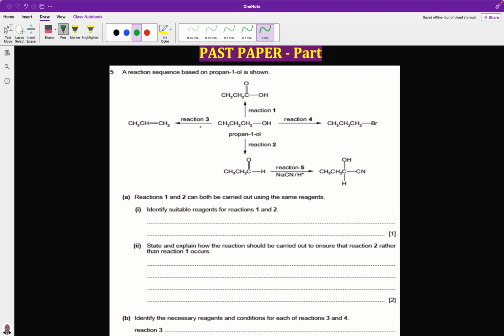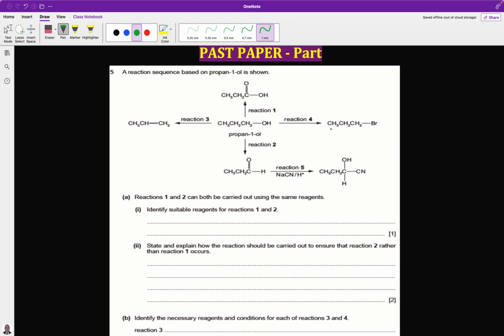Propan-1-ol in reaction 3 gave us what we call an alkene. It has undergone hydration, I mean a dehydration, sorry. There is dehydration that has occurred in reaction 3 to give us an alkene. In our previous studies, we did a dehydration of alcohol, so dehydration of alcohol will lead to alkene.